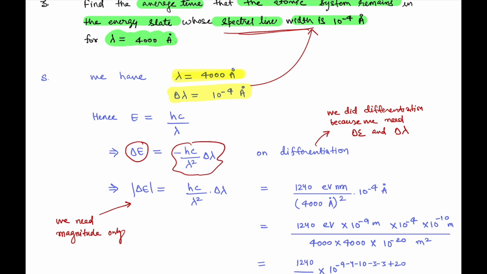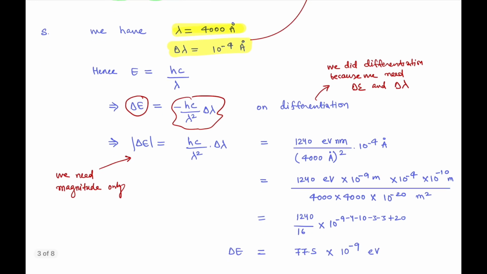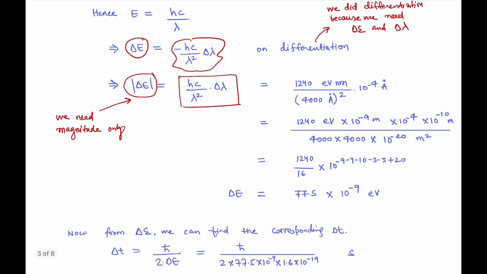I am just differentiating the whole thing with respect to lambda, and for energy we need to have magnitude only, so we applied the magnitude, the minus sign gets out, and we have hc divided by lambda square multiplied by delta lambda.